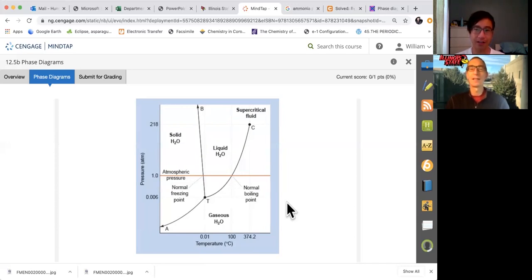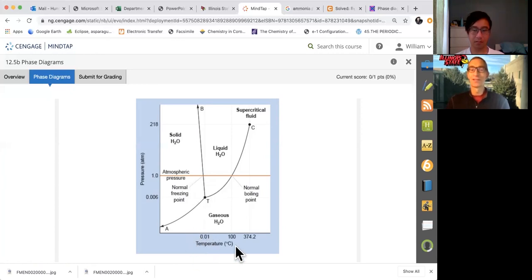I mean, it is a classic question, I don't know whether Cengage asked this question, to have a phase diagram without solid, liquid, and gas labeled, and then ask you what happens at some of these transitions, and maybe they'll put a little spot in one of these locations and ask what phase the substance is in at that location.